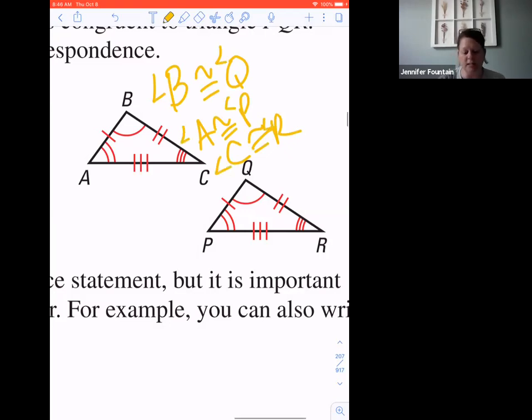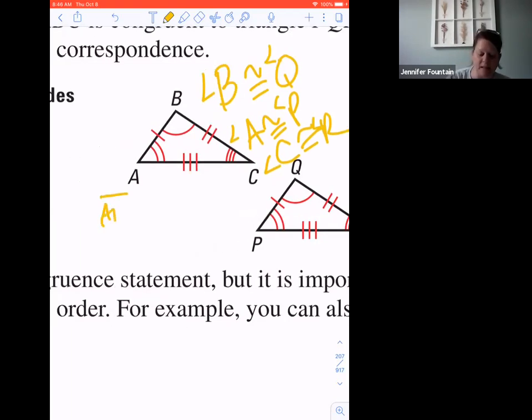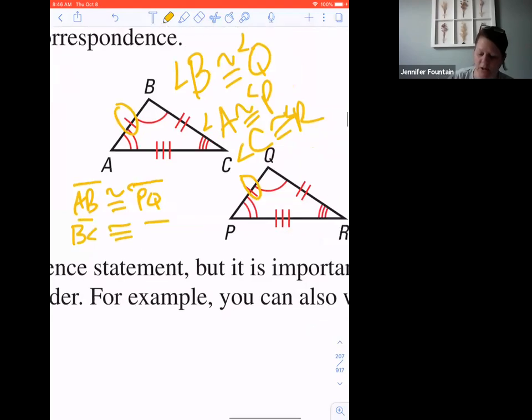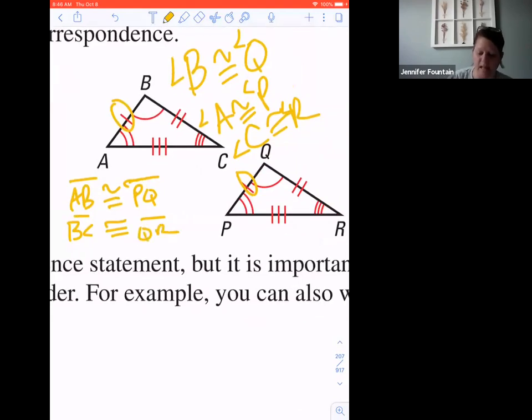Then I can also see where side AB is congruent to side PQ because I've got that single mark there. I can see that side BC is congruent to side QR. I can also see that side AC is congruent to side PR.